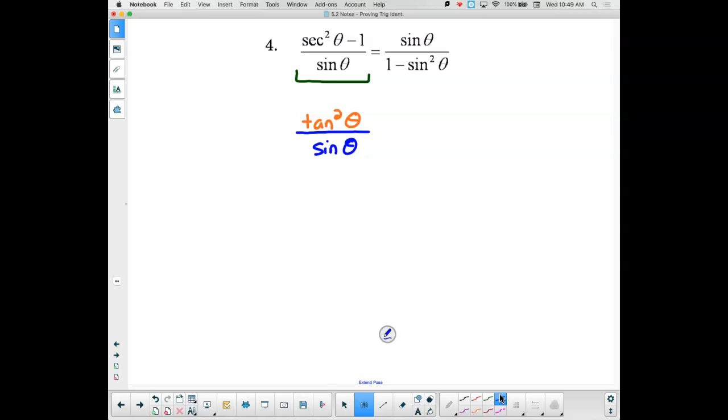Now what? Number 11. Secant squared minus 1 is tangent squared. So, number 11 on your sheet there.